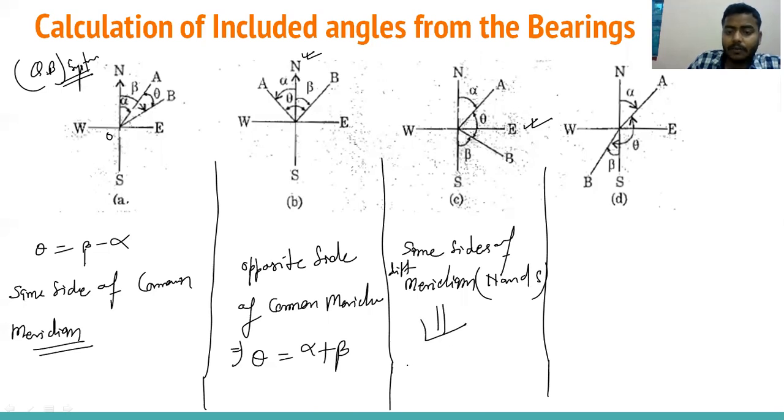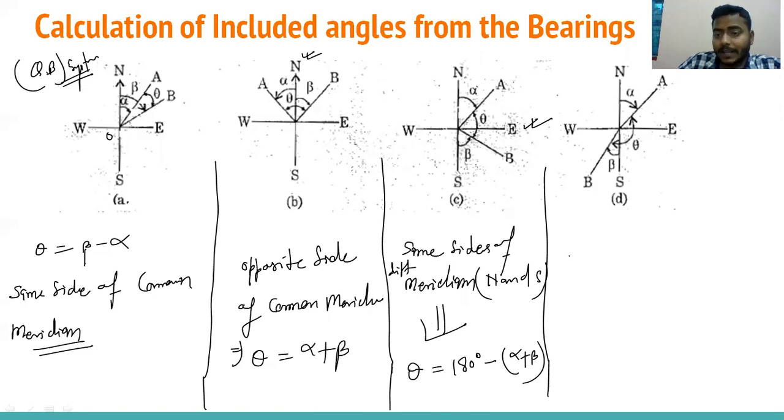In this case, from the figure, we can write theta plus alpha plus beta is equal to 180 degrees. So theta directly we can write as 180 degrees minus alpha plus beta.